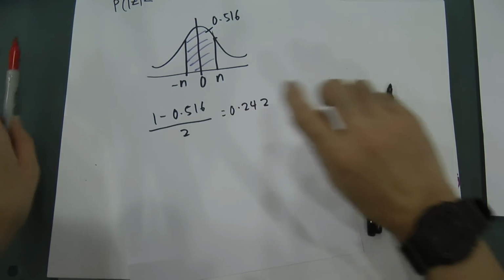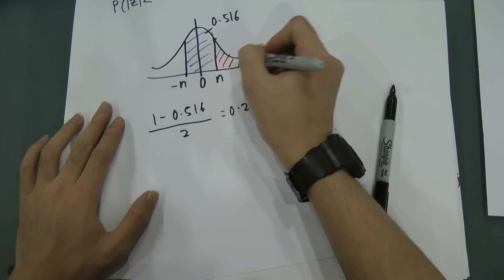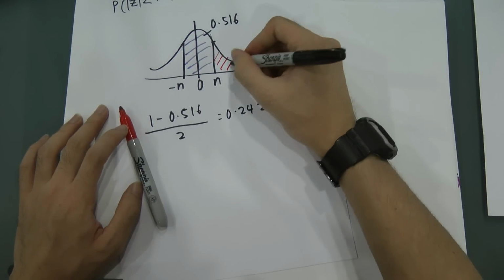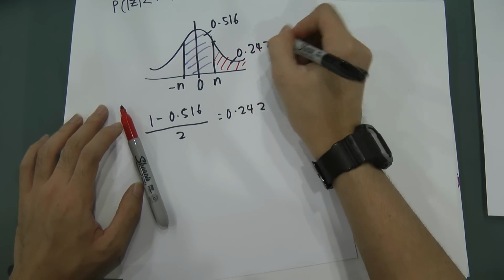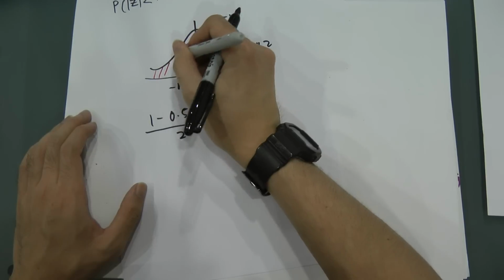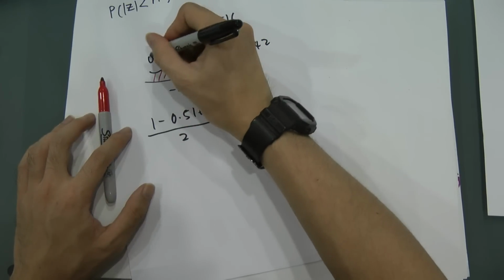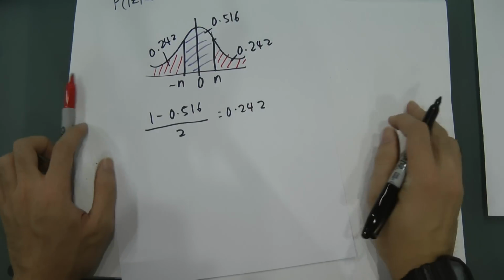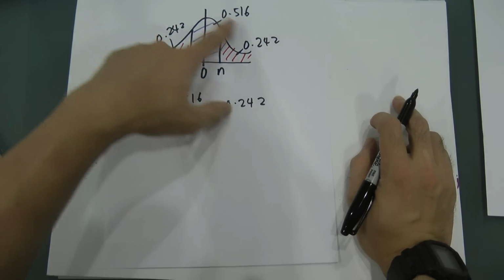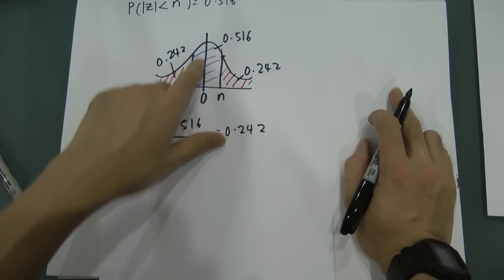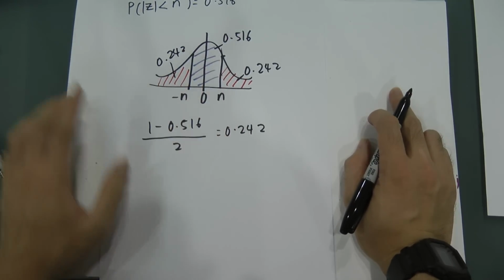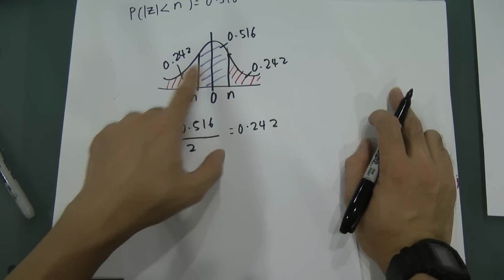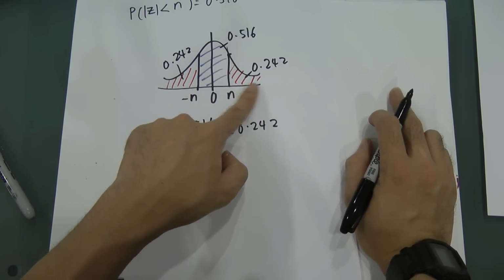0.242. That means here is 0.242, and then here is also 0.242. If you use the total, which is 1 minus this one, meaning minus the purple color one, and then you divide by 2, then you can get the red color area.